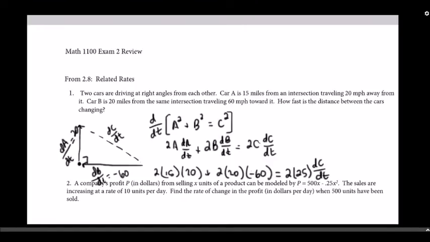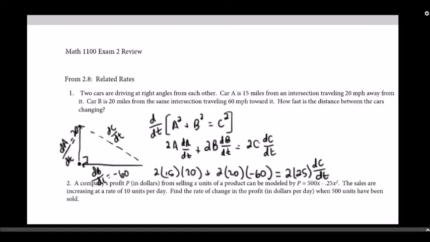And if we do the math, 2 times 15 is 30, 30 times 20 is 600. 2 times 20 is 40, 40 times negative 60 is negative 2400. Equals 2 times 25 is 50 dc/dt.